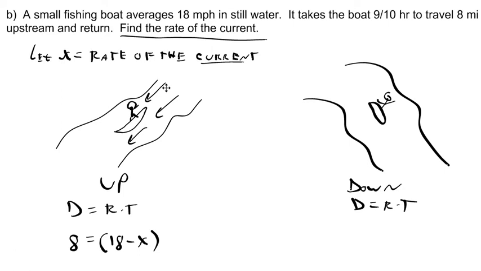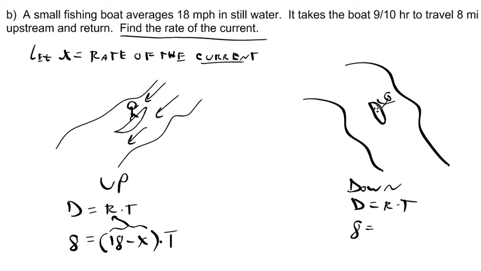So he's traveling up, which is 18 miles an hour, but then he's being pushed back. He's slowing down based off of the minus x, and x represents the rate of the current. So this whole thing right here represents our r. Distance equals rate multiplied by time. We don't know the time yet. Coming over here, again, d is 8 equals.